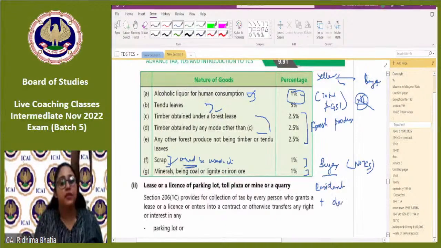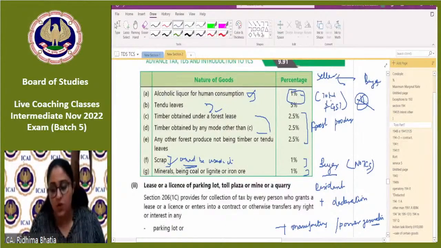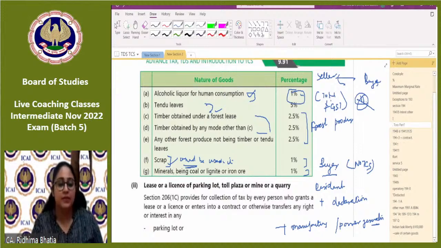Number two, if the buyer gives a declaration that I will be using the produce for further manufacturing or for power generation, then the seller will not collect the TCS.